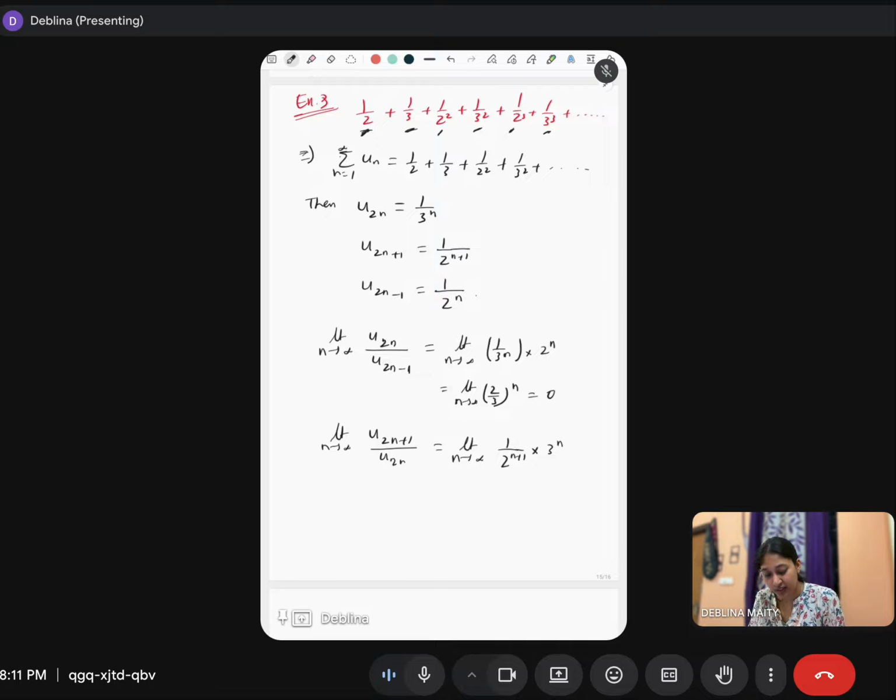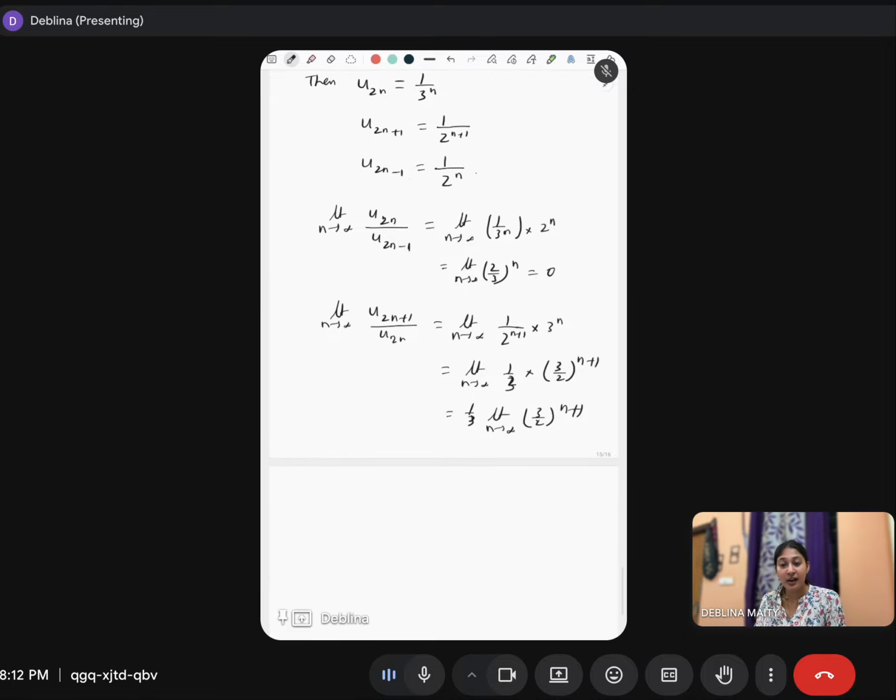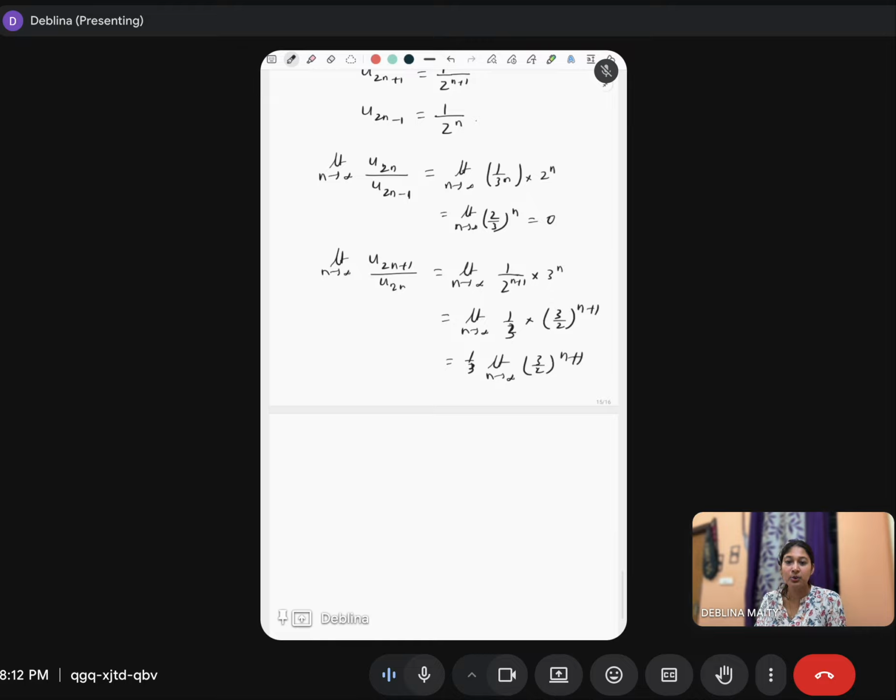So it is basically 1 by 3 into (3 by 2) to the power n plus 1. So it is 1 by 3, limit n goes to infinity, (3 by 2) to the power n plus 1. Now since 3 by 2 is greater than 1, this limit will go to infinity, right? So this is infinity.